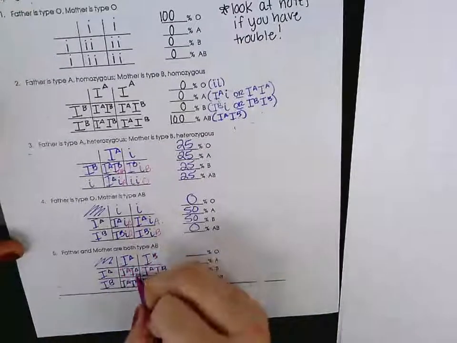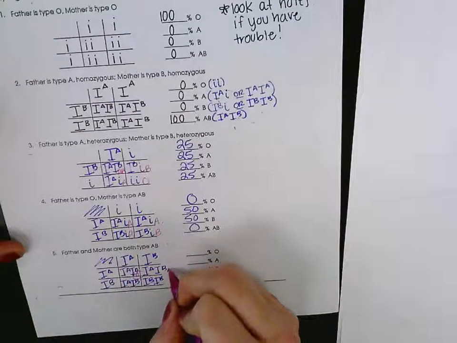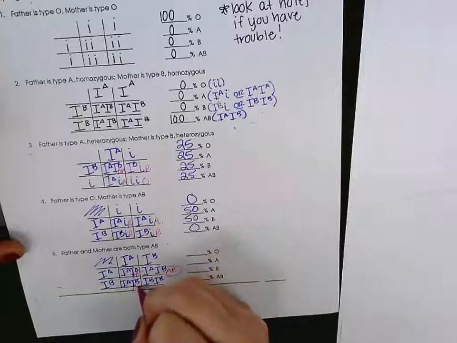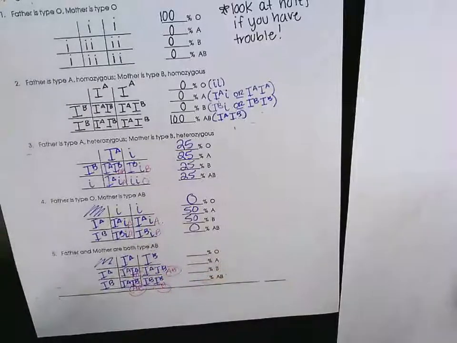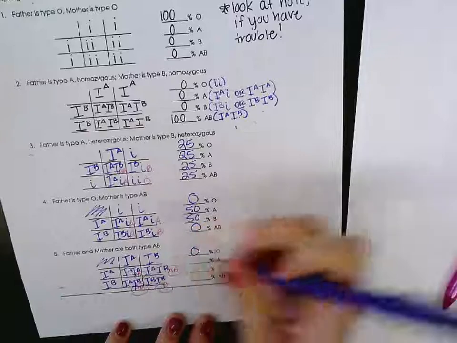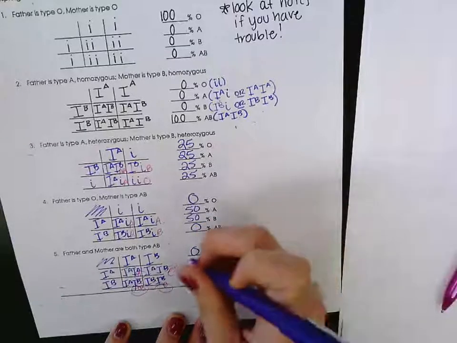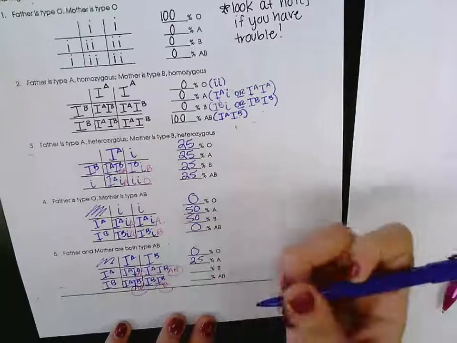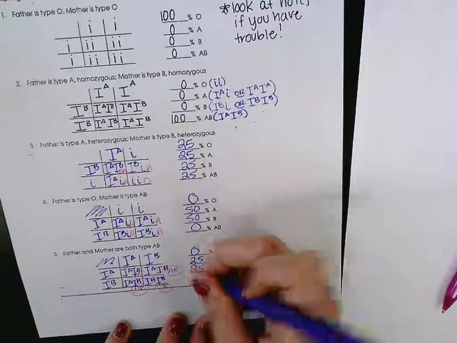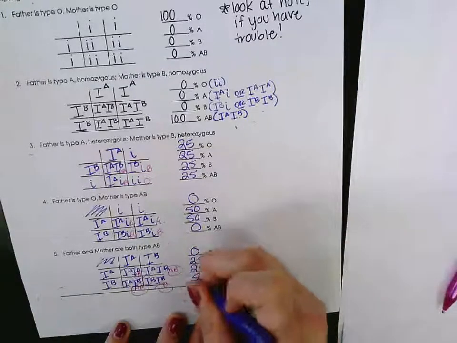So here, great example of homozygous for A. We've got AB, AB, and B. So what percentage of O? 0. What percentage of A? We've got 25%. What percentage of B? 25% or a quarter. And AB, we have 50%.